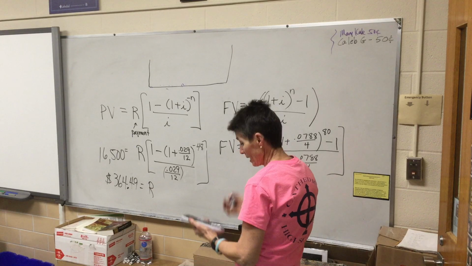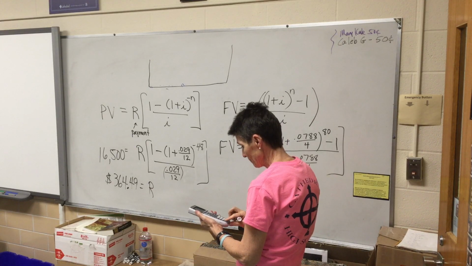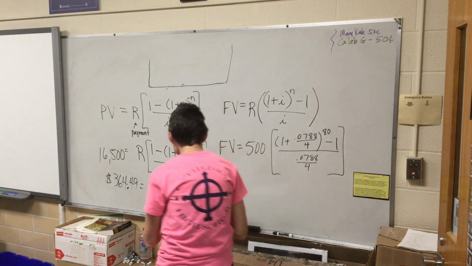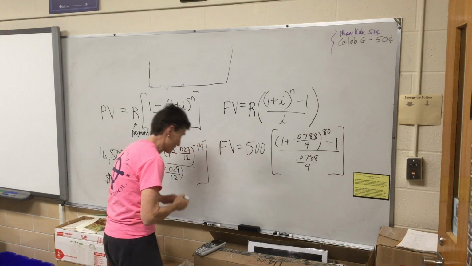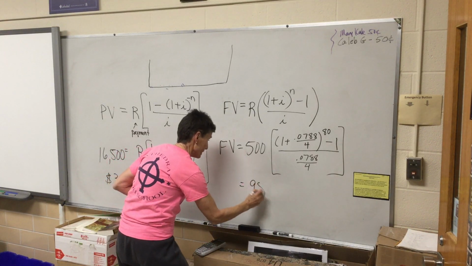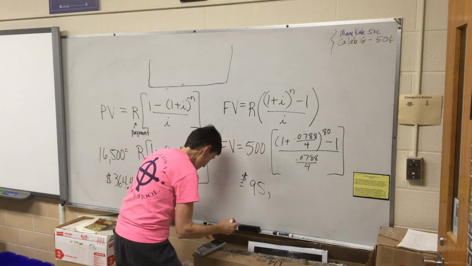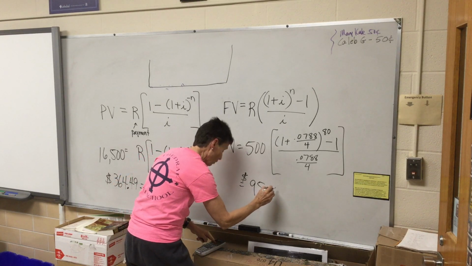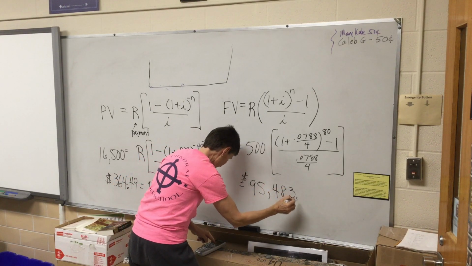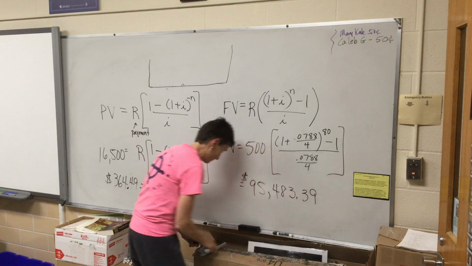And then this time, I'll just take it times 500. And the value of her account will be $95,483.39.